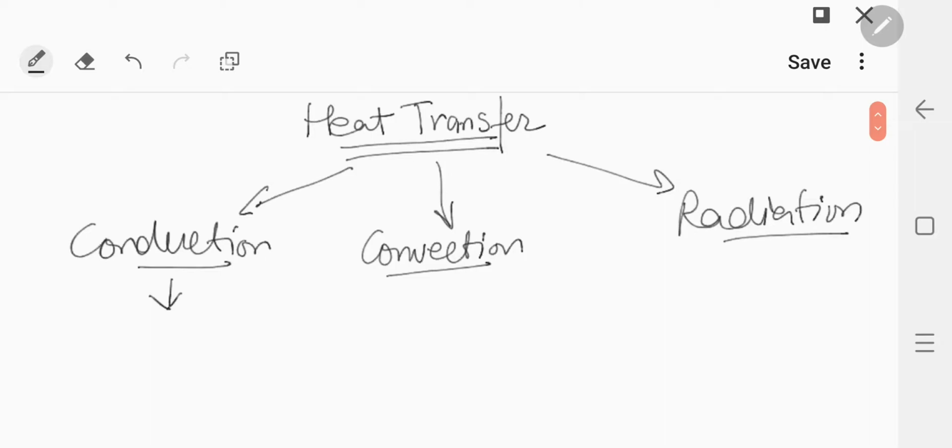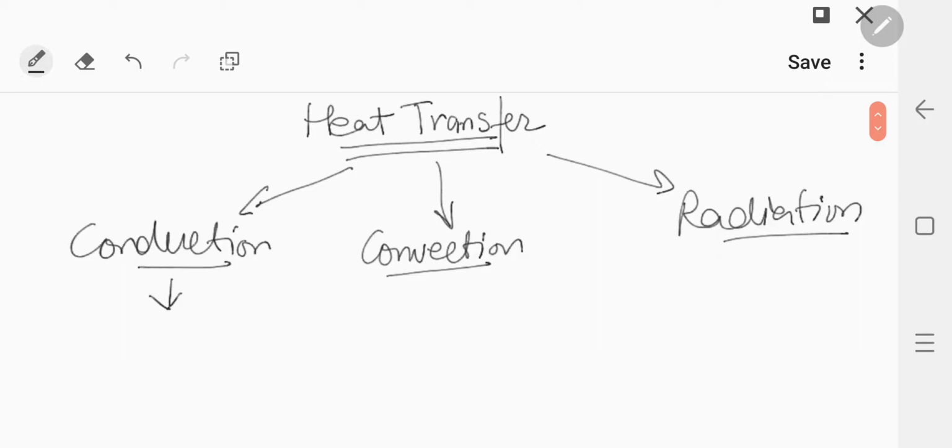The substance can be in the form of a solid, a liquid, or a gas. Particles which are at high temperature have high energy. These high energy particles interact with the low energy particles, thereby transferring heat from the higher energy particles towards the lower energy particles, and thus the heat is transferred from one end towards the other end.